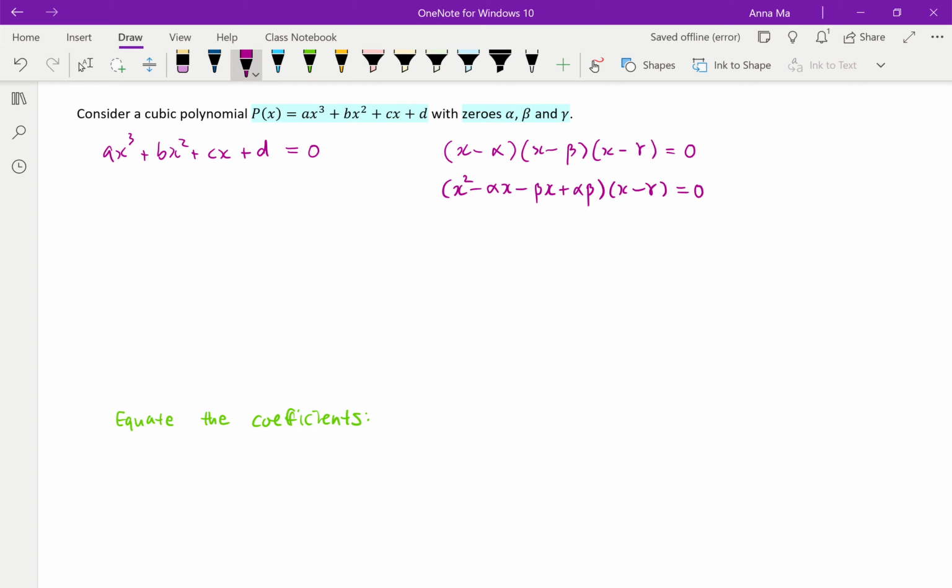And then if you expand out everything, you will get x cubed minus gamma x squared minus alpha x squared plus alpha gamma x, gotta be careful here, minus beta x squared minus beta gamma x plus alpha beta x minus alpha beta gamma is equal to 0.